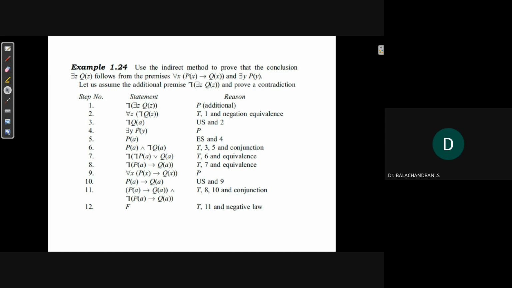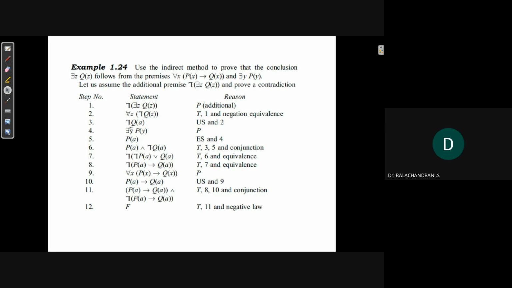Okay, but already a is used, but it is used for negation Q. Here I am using it for P. So that is possible. Because if it is already used for P, then you cannot use it again. I already told you maybe two classes before.